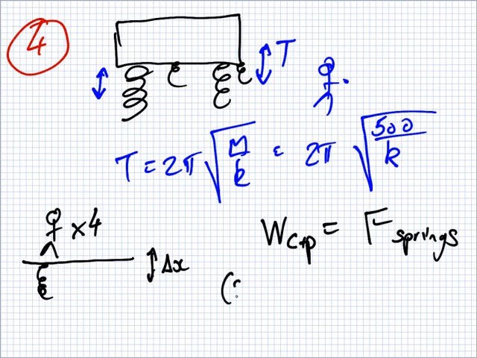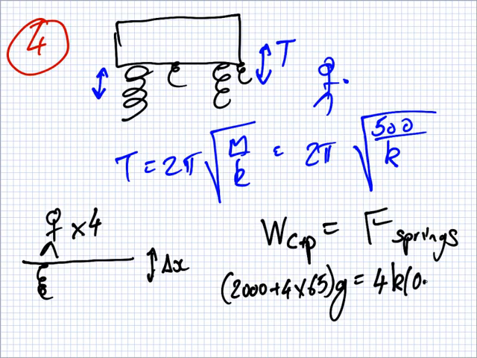The car is 2,000 plus 4 times 65, times g, equals 4k delta x, which is 0.015. So now we can get the k. So the k is very large, 369510.